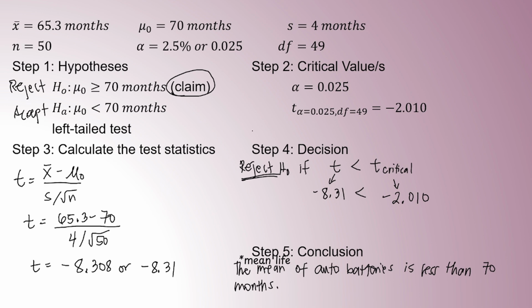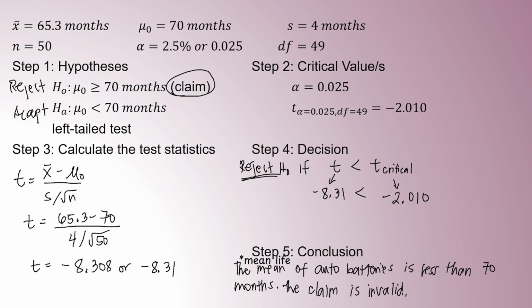Because we rejected the claim, we can say that the claim is invalid. That is how we decide based on the acceptance or rejection of the null hypothesis. That is what the validity of the claim is based on.